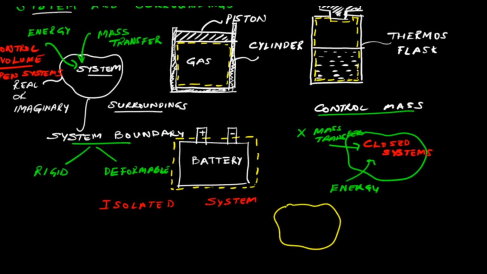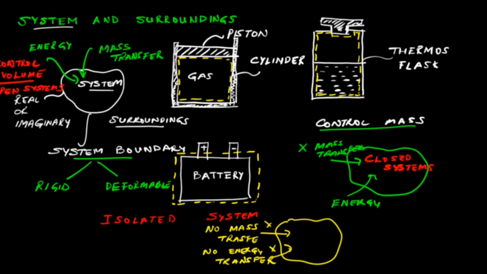That means there is no mass transfer and no energy transfer across the system boundaries, and that is an example of an isolated system. So clearly, if we look at this thermos flask, hot water and its vapor, and if we say that the walls are perfectly insulating, then this system would be an isolated system.